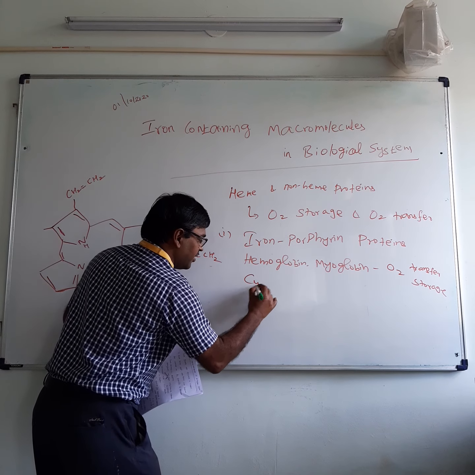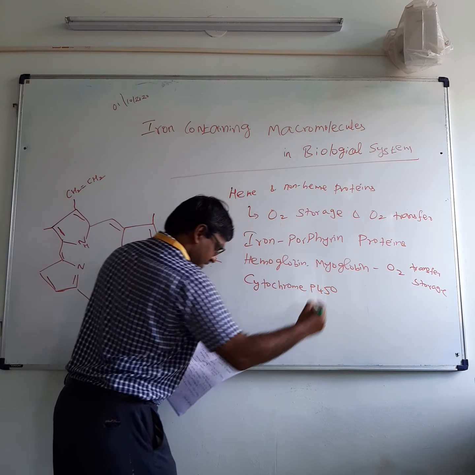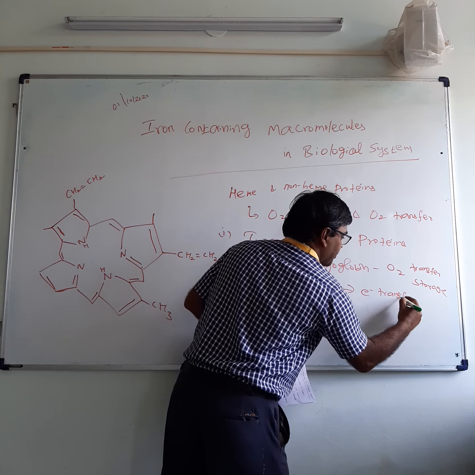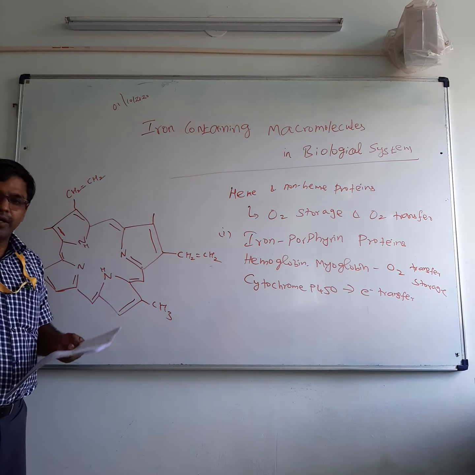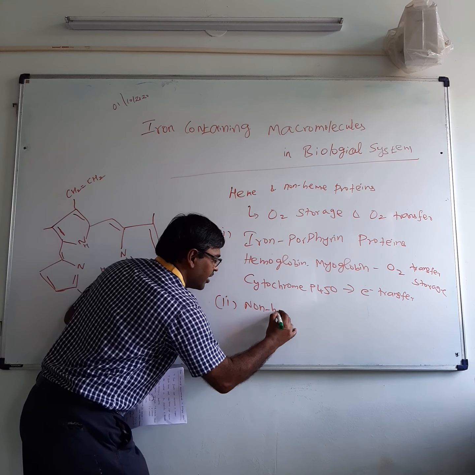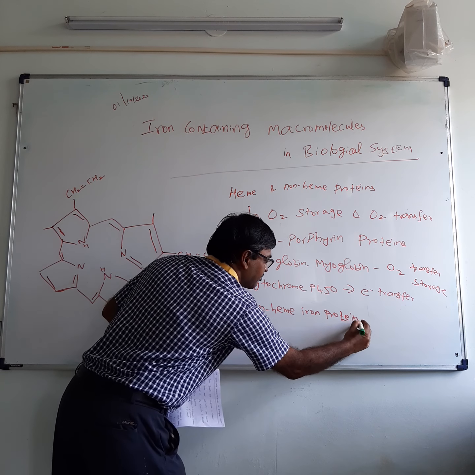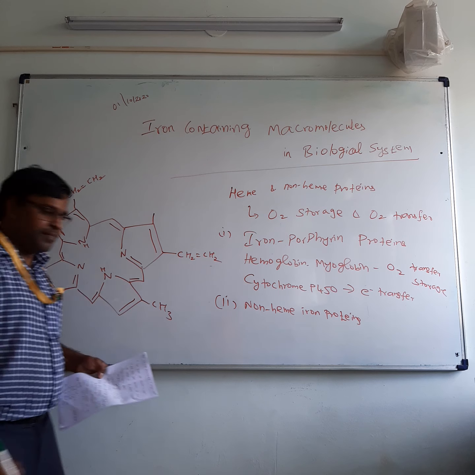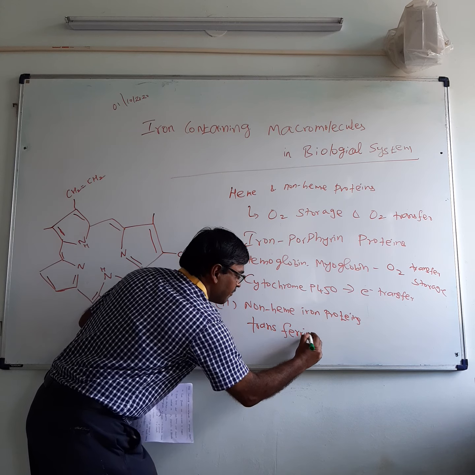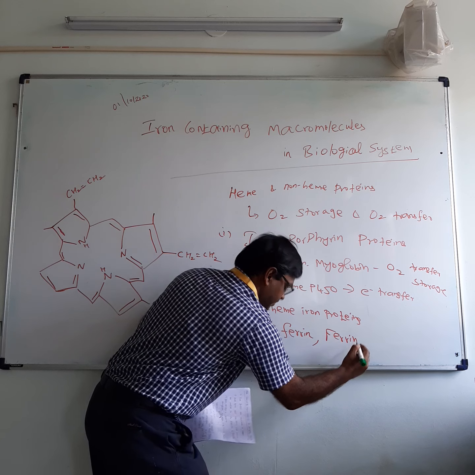Then another system is called cytochrome P450. What is that? We will discuss it later. It is involved in electron transfer. Then, when you talk about non-heme iron proteins, you have a protein called transferrin, as well as ferritin, which is involved in iron storage.